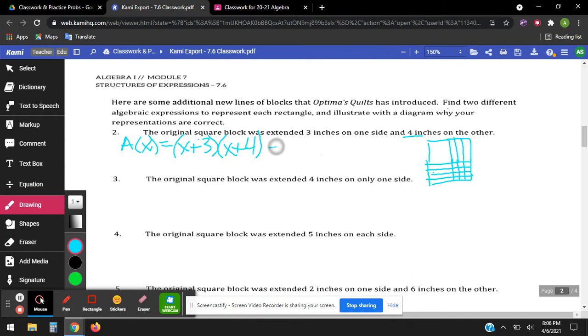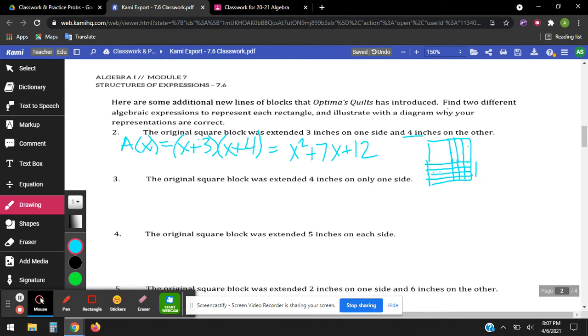So that leaves me with 1x squared and 1, 2, 3, 4, 5, 6, 7 x's, and then 3 by 4, that's 12 small boxes on the side.